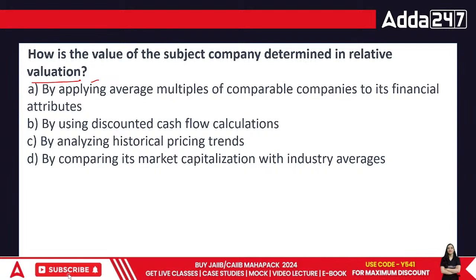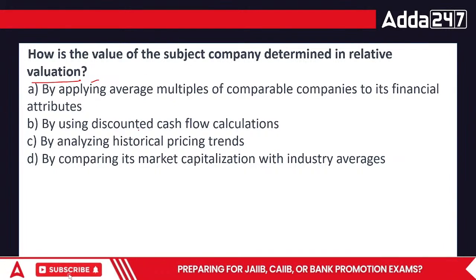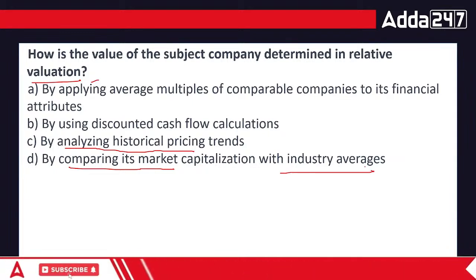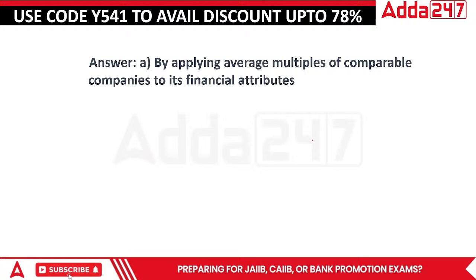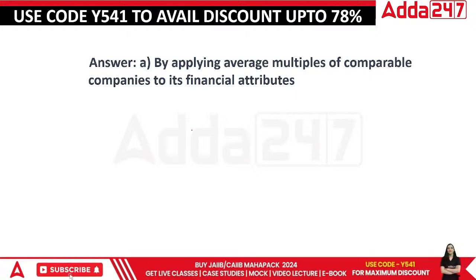By applying the multiples in terms of the valuation, by using discounted cash flow calculation, by analyzing historical pricing trends, or comparing its market capitalization with industry averages. The correct answer in relative valuation is by applying average multiples. You're going to compare ultimately, right?